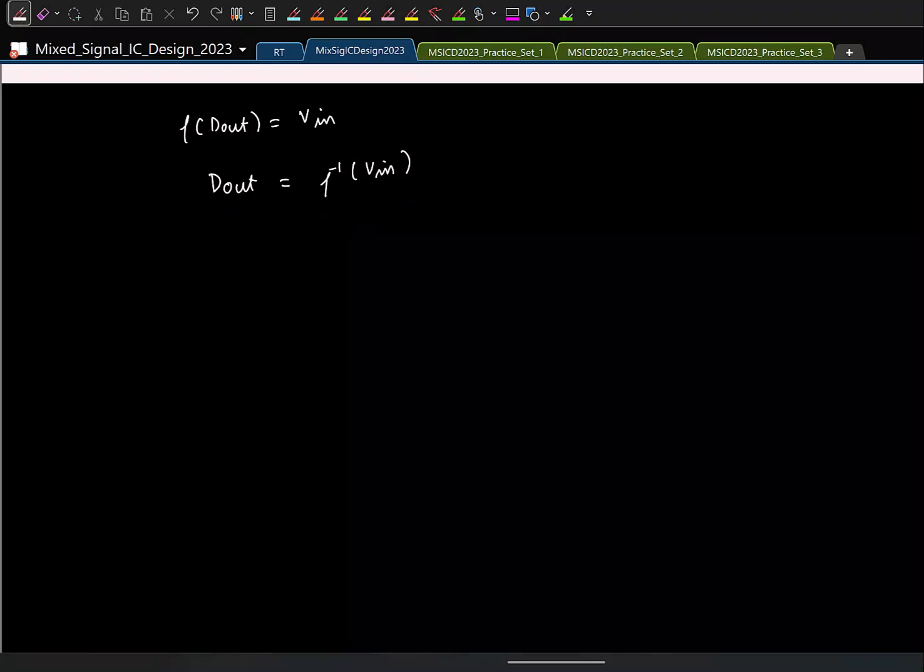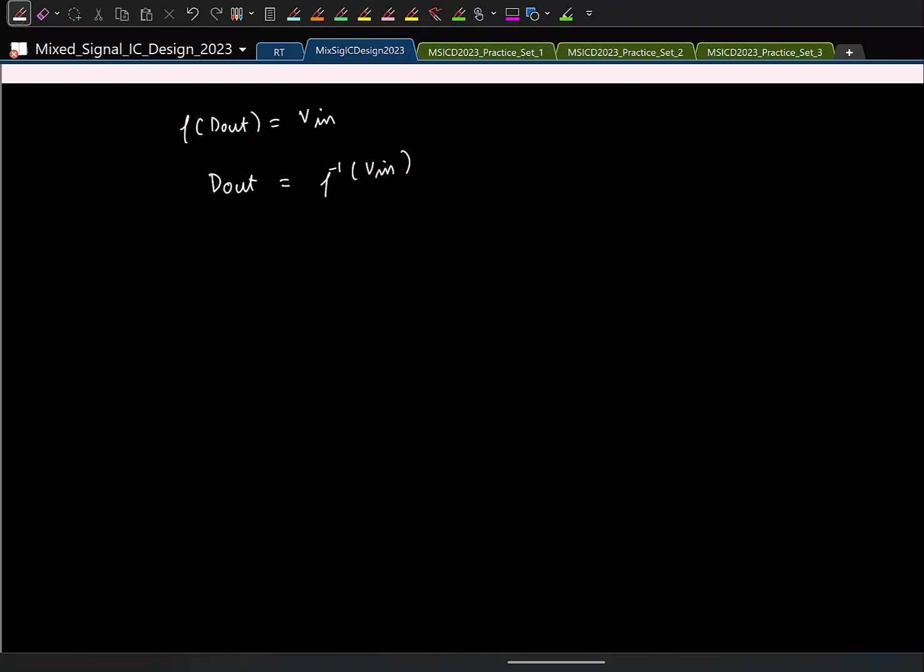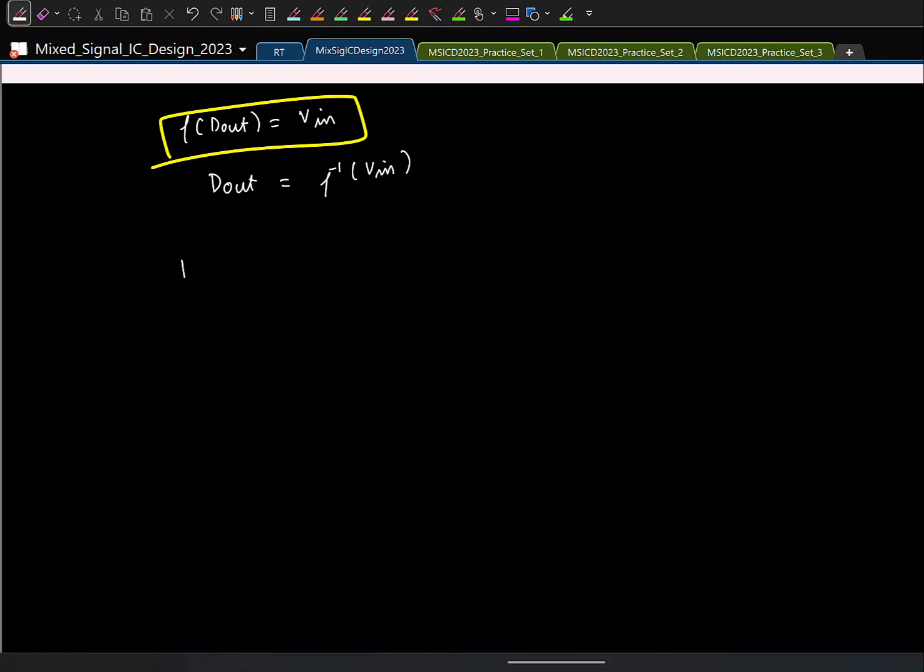Now what should I do to my output so that I get V in? No, from this, right? I know d out is F inverse of V in. If I want to get only V in, what should I do? I should pass the output through a nonlinearity which is F. That's basically this, right? So I take my d out, do a processing on this so that it implements this nonlinearity, then I'll cancel this nonlinearity.